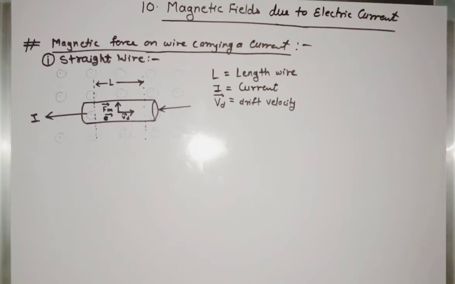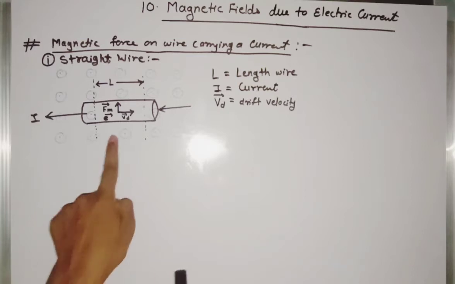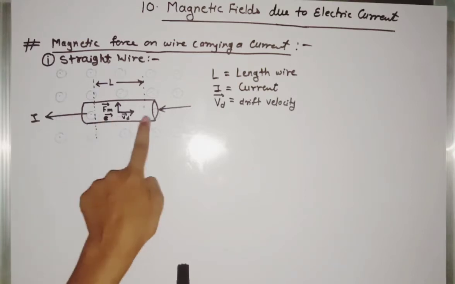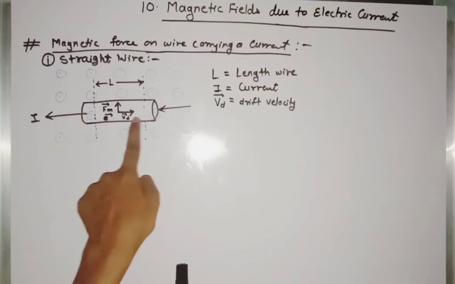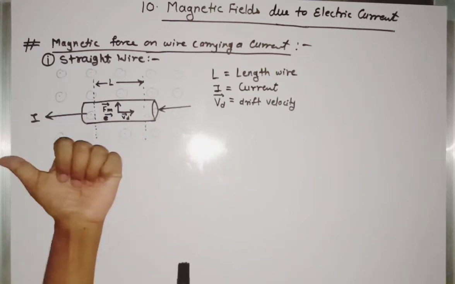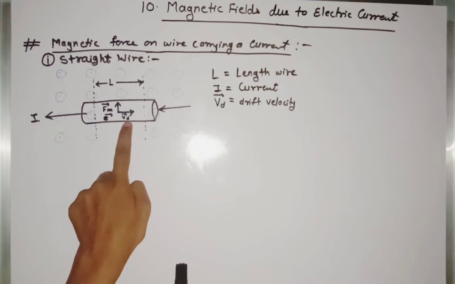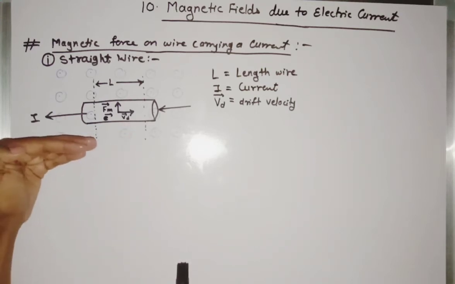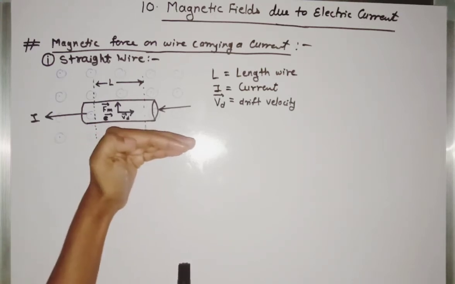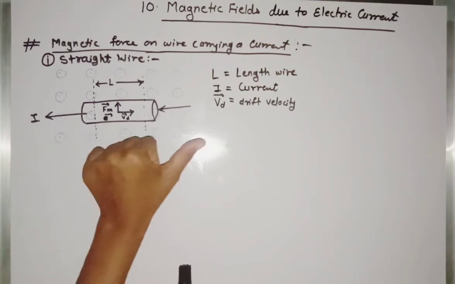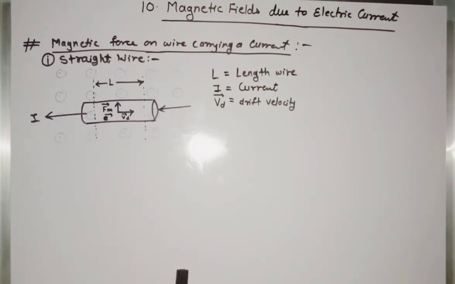Look here properly into the diagram. Here I indicates the direction of current flow through the conductor, and v suffix d indicates the drift velocity of the electron, which is in opposite sense to the direction of current flow. Got it?